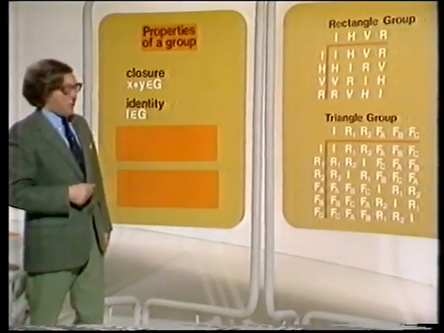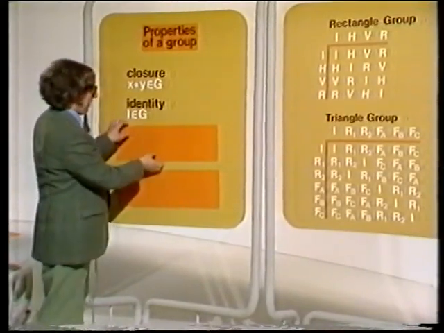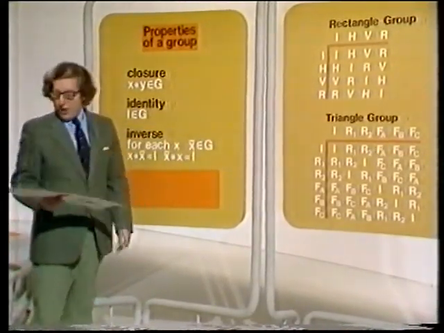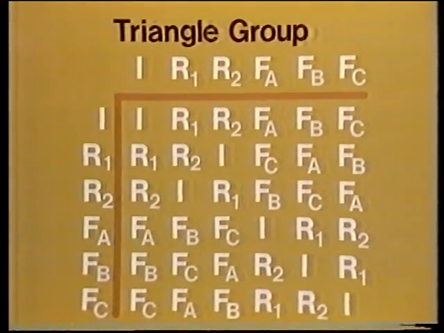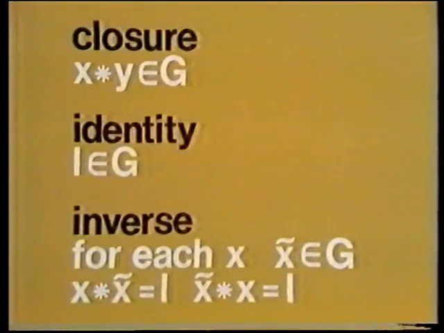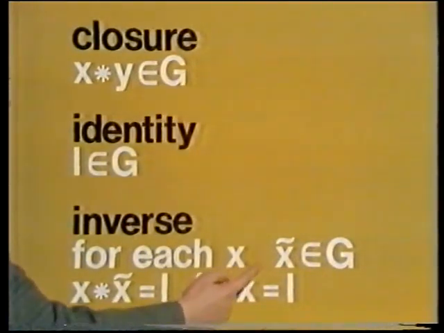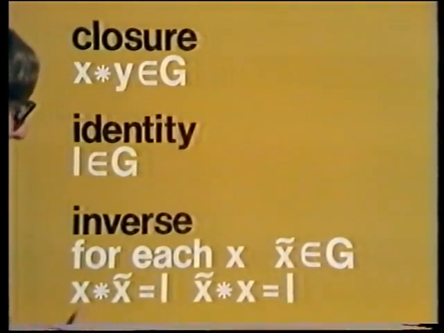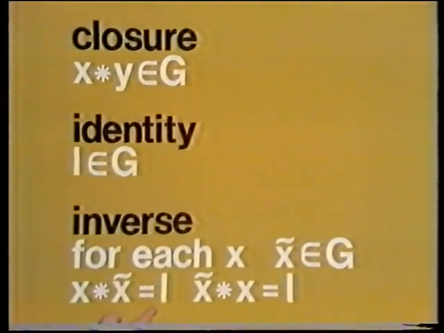And the next basic property is that of having an inverse. Remember, in the triangle group, the element R1 combined with R2 to give the identity. So I could say that R2 undoes the action of R1. So for every element x in a group, I have an element x tilde, which undoes the action of x. That is, x combines with x tilde to give them the identity, and the other way.